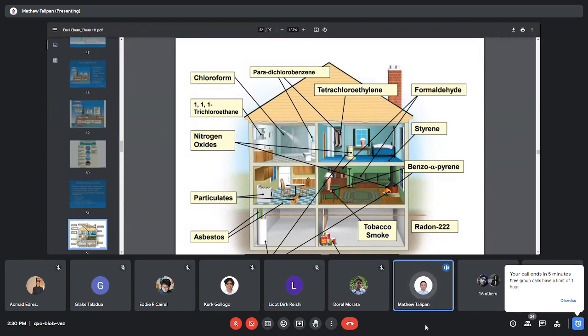Then also including tobacco smoke. Smoking cigarettes, especially secondhand smoke, contains much more chemicals than the firsthand smoke which the smoker would inhale. So compared to the smoker, secondhand smoke would contain more hazardous air pollutants and chemicals. So benzopyrene, these come from incomplete combustion.